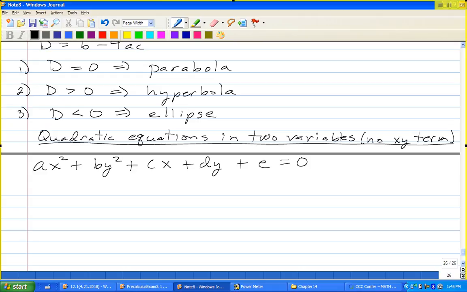Okay. So now, if either a or b is 0, then this will be a parabola. Again, we're assuming non-degenerate.